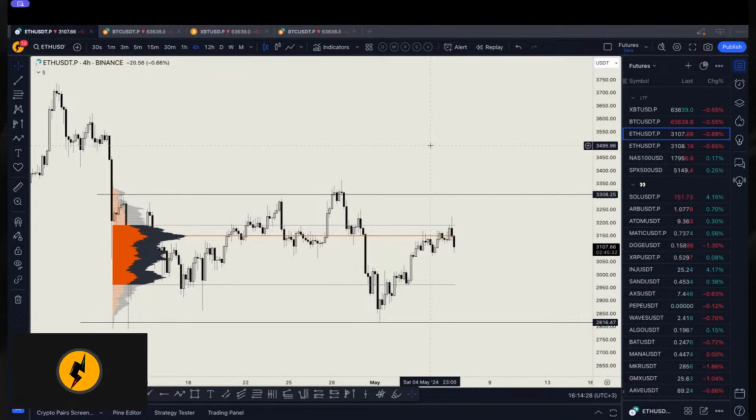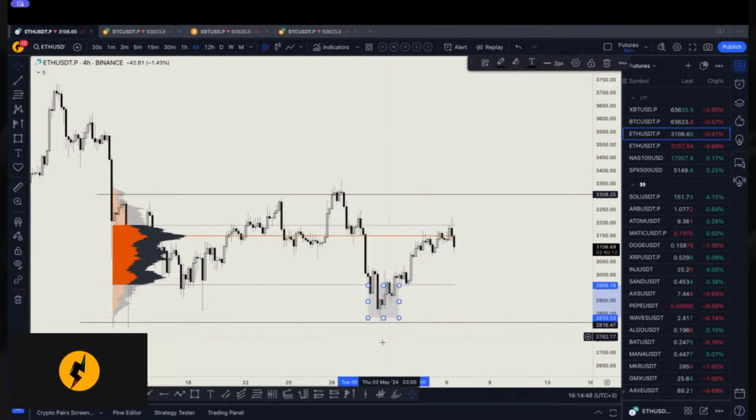Okay, so you can see, it's interesting. The things that we talked about on the BTC chart and the previous range already happened on the 4 hour time frame on ETH. Okay, so we got a deviation here.